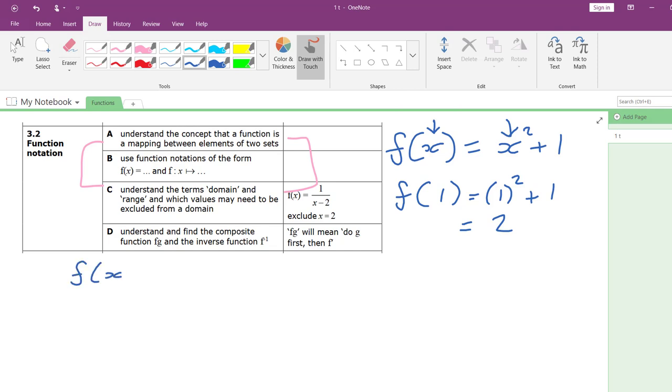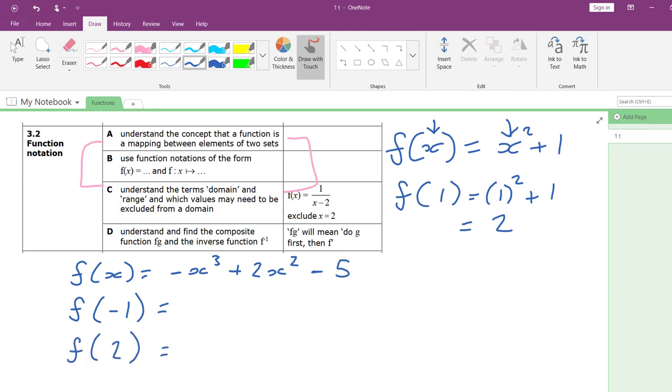f of x equals minus x cubed plus 2x squared minus 5. Again, if you want, pause the video and tell me what f of minus 1 is and f of 2.